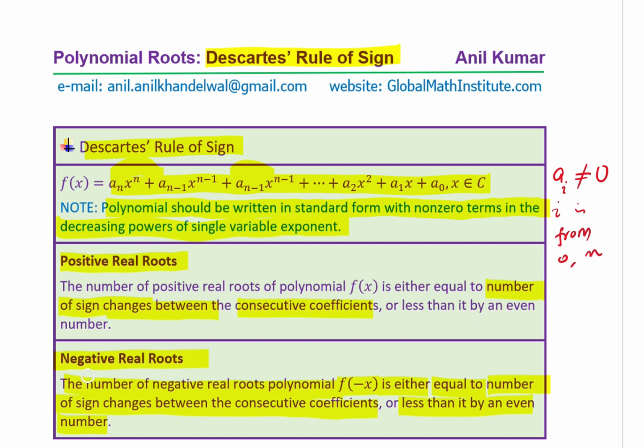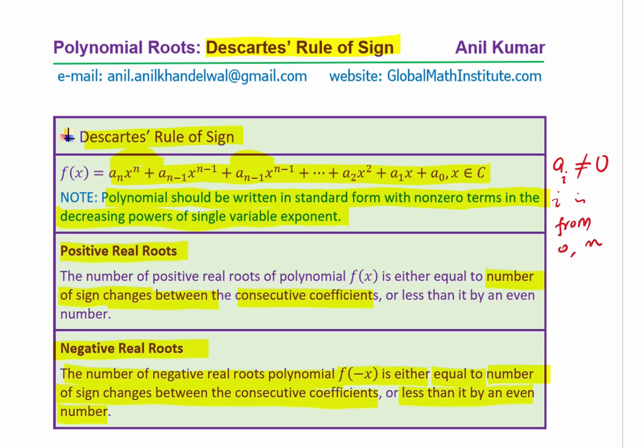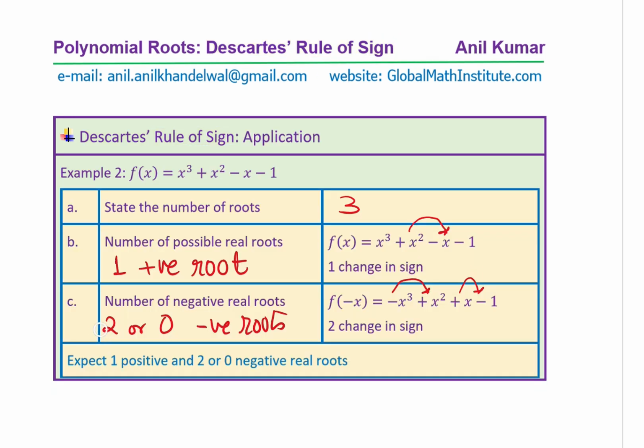Negative real roots: the number of negative real roots of the polynomial f of minus x is equal to the number of sign changes between the consecutive coefficients or less than it by an even number. Therefore, in this case, it is either 2 or less by 2, which means 0. Perfect. So that is kind of important to understand.